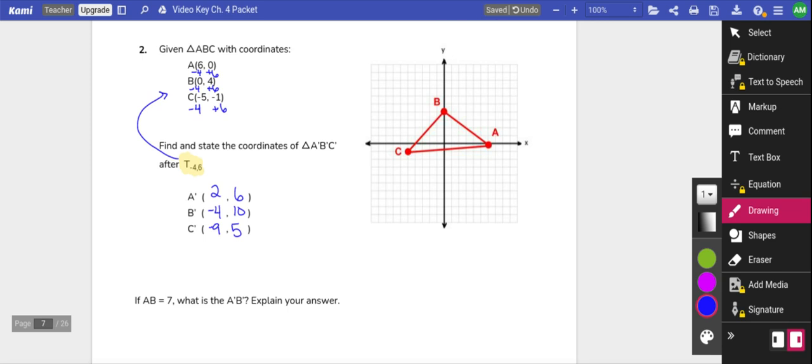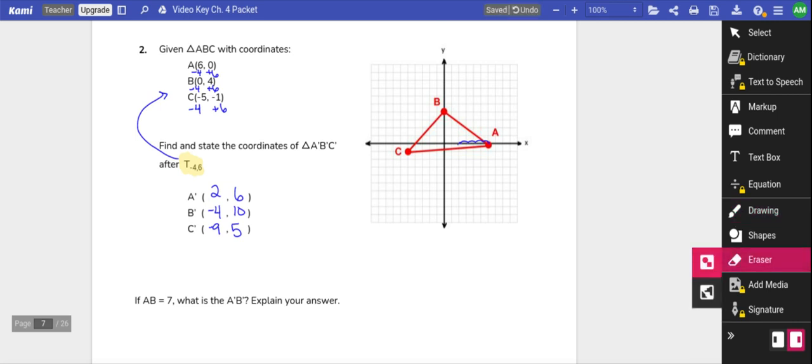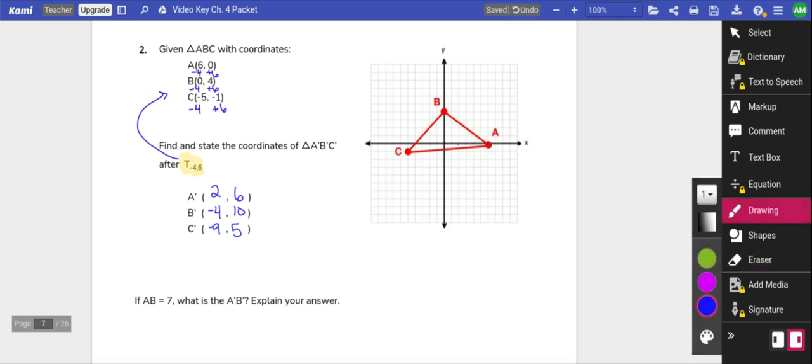If I want to see how this moves on my grid, I can graph these points either by moving them in a negative direction for my x or just by following what I just determined were my coordinates. But either way, I can plot my figure so that we can see what it's going to look like.